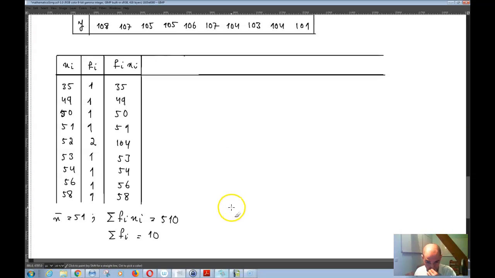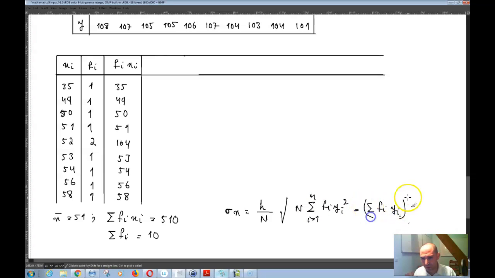It's equal to sigma of x is equal to h over n, the square root of n times sigma of f of i y of i squared, as i goes from 1 to n, minus sigma f of i y of i whole squared, and take the square root of this whole thing.